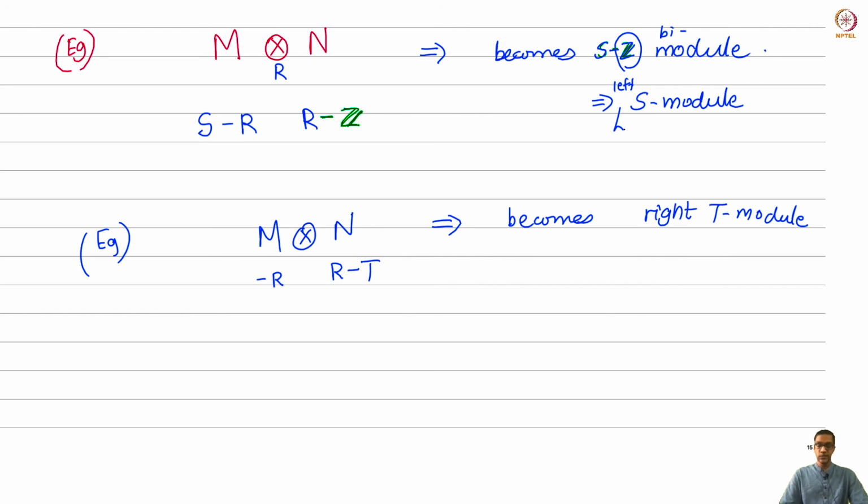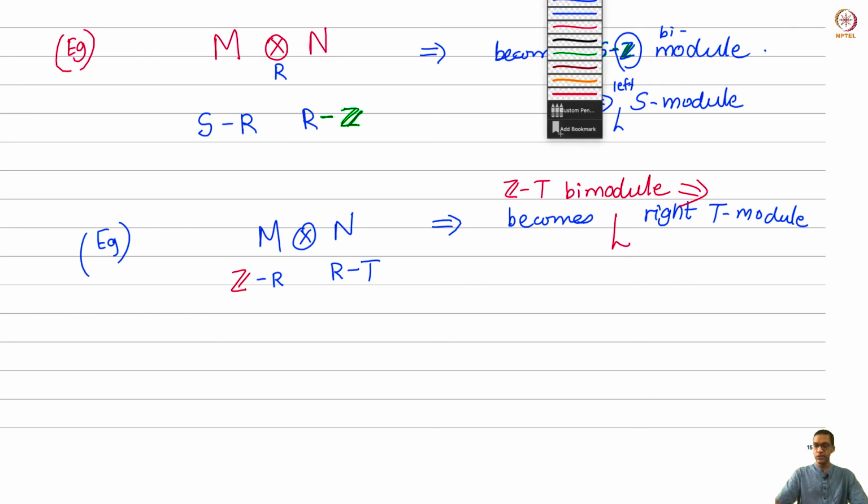Again, why is this the case? If M didn't have additional structure, I can always put a Z there. I can think of it as a ZR bimodule, and therefore the end product becomes a ZT bimodule. But a ZT bimodule is just the same as a right T module, because this Z doesn't add any new information. We already knew it's the same Z module structure.